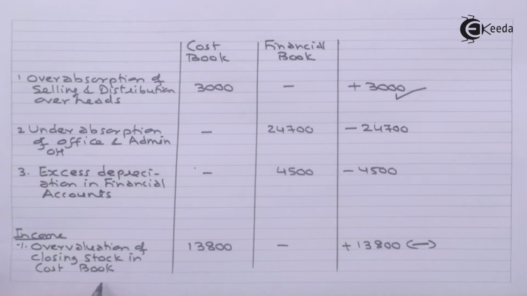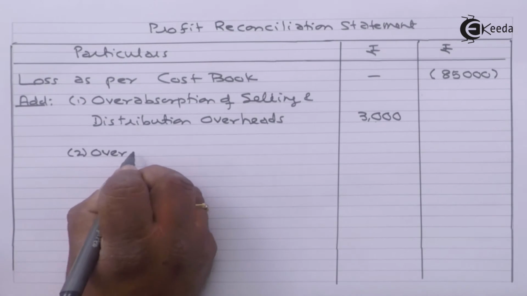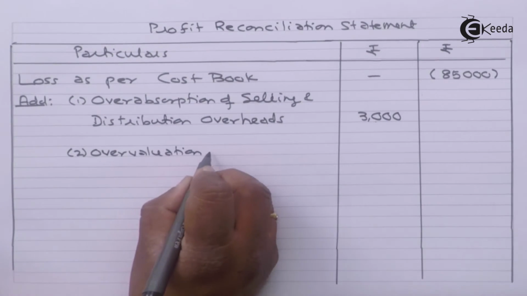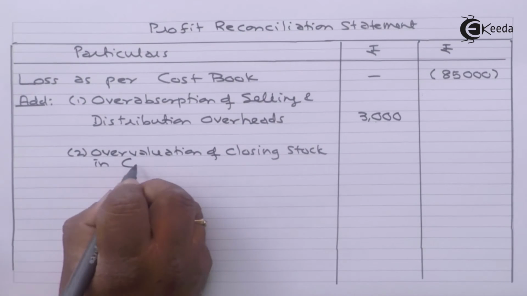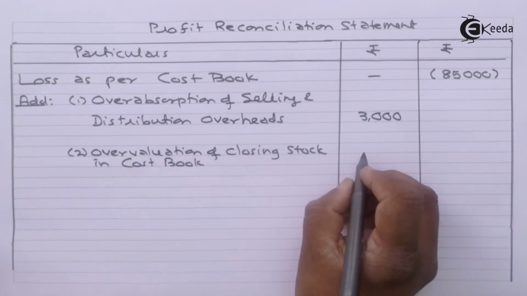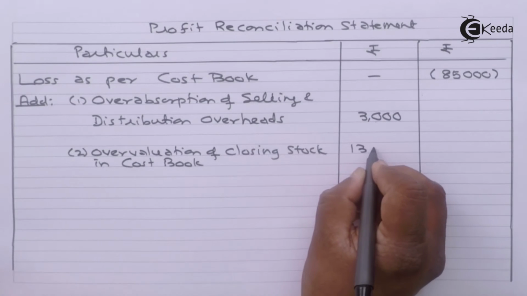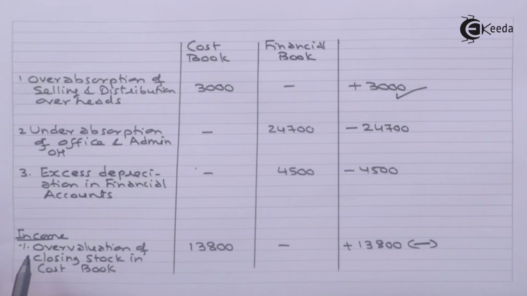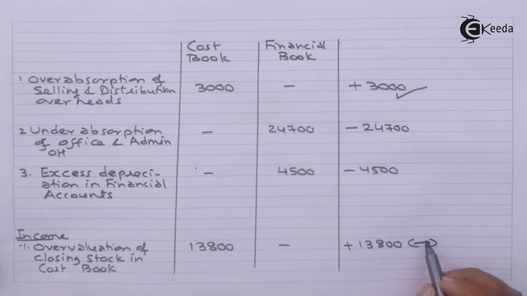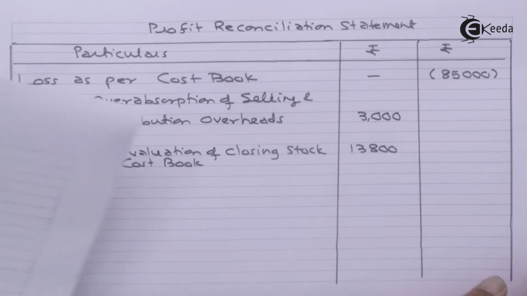Overvaluation of closing stock in cost book 13,800 will have to be taken in the less category.